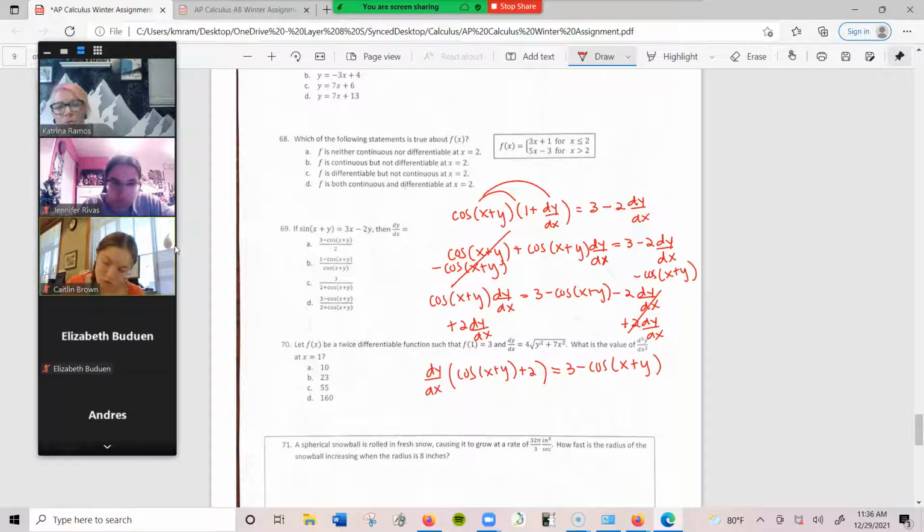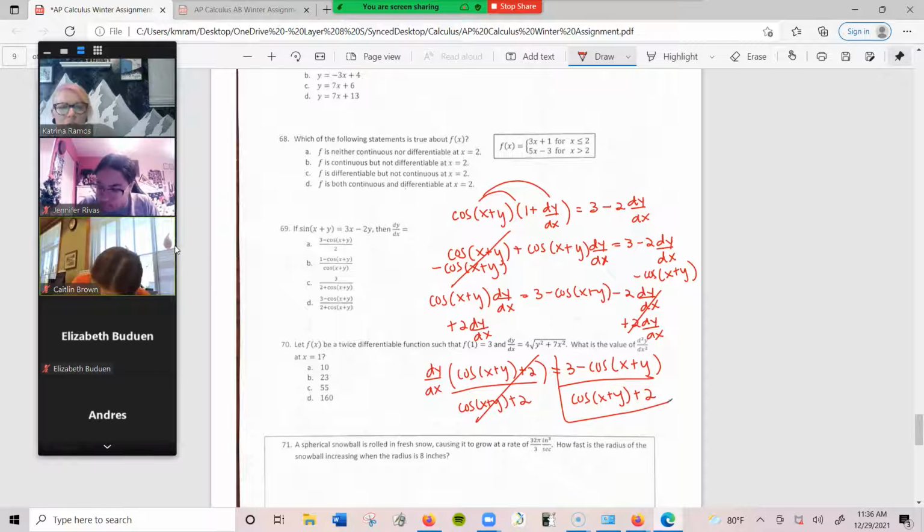And then finally, you divide. So we're going to divide by all of this. And this is my derivative, which when you look at your options, is option D. See, in the numerator 3 minus cosine x plus y, and then 2 plus cosine x plus y, which is the same thing as cosine x plus y plus 2, just in a different order.